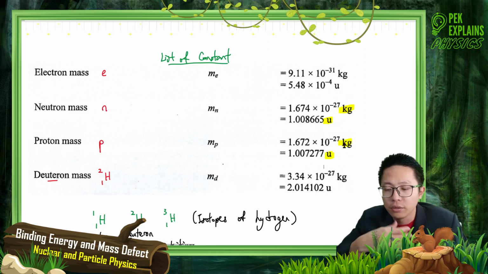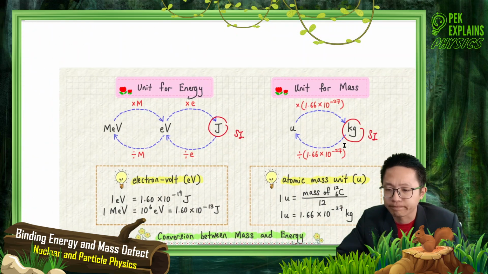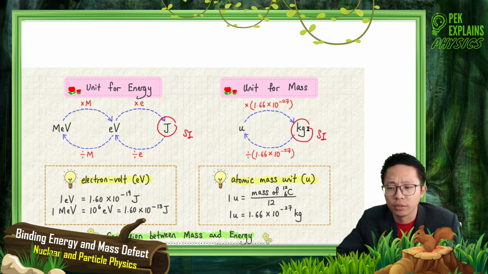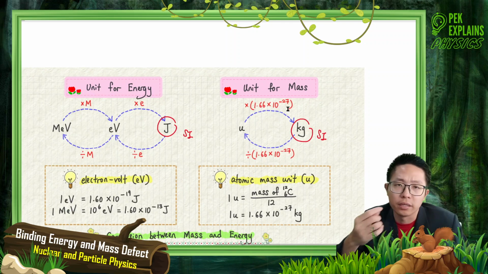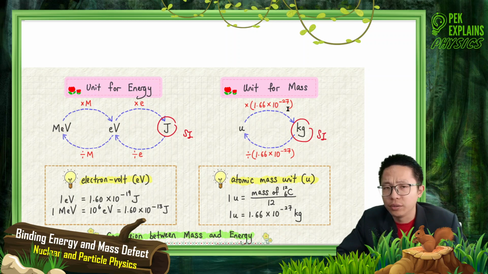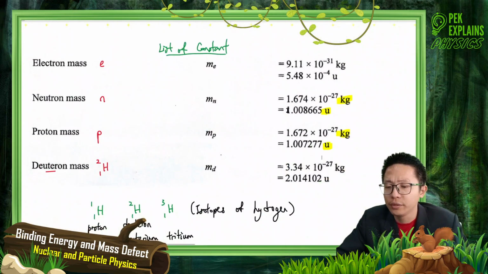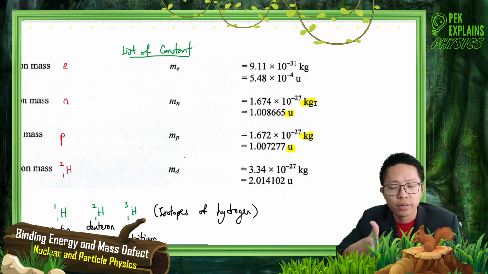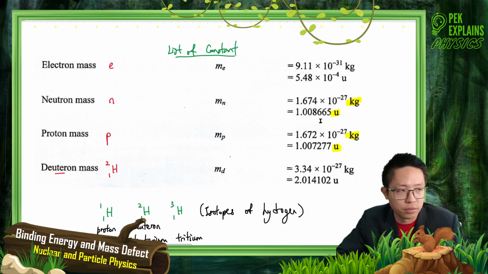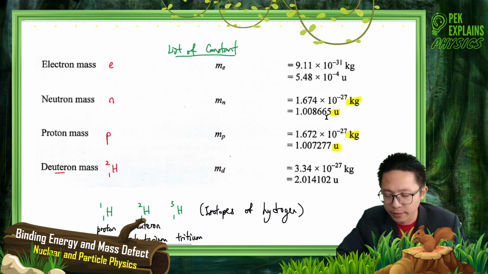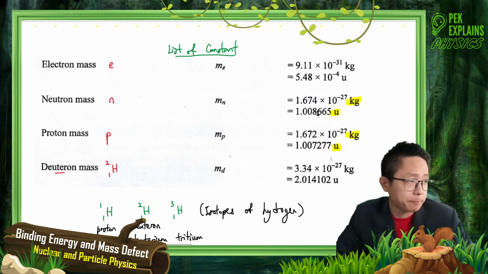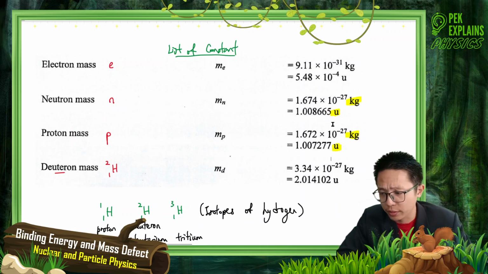I know you can change from atomic mass unit to kilogram by multiplying by 1.66 exponent negative 27, but don't bother with the trouble. If you want kilogram, just use kilogram. If you want atomic mass unit, just use atomic mass unit, at your convenience.